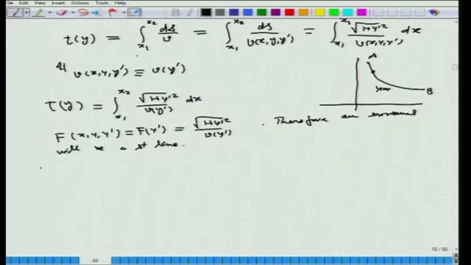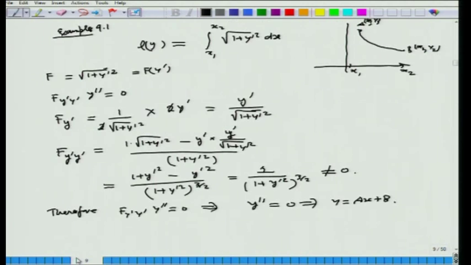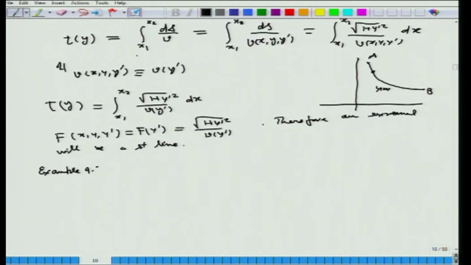Now, the next one, so it was 9.1 here. Okay. So, let us call it 9.2. In this case, if we consider t of y as the integral from x 1 to x 2 of square root of 1 plus y prime square, and then velocity as a function of x, let us take here x itself for a particular case.